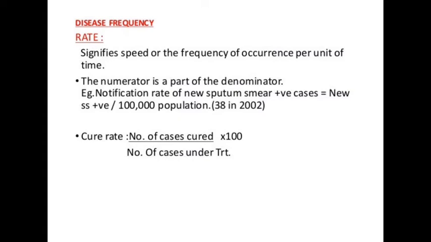Example is notification rate of new sputum smear positive cases, new SS positive, per 1 lakh population. Now the cure rate is the ratio of number of cases cured to number of cases under treatment, multiplied by 100.